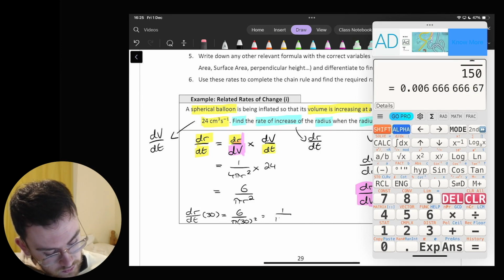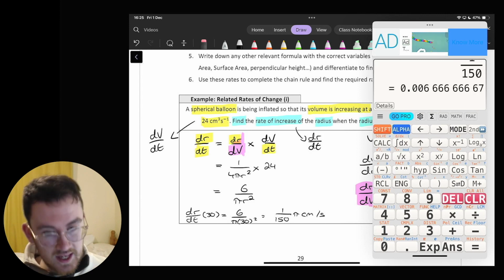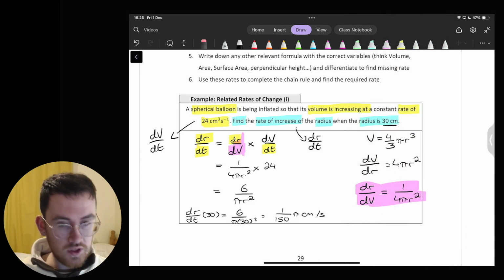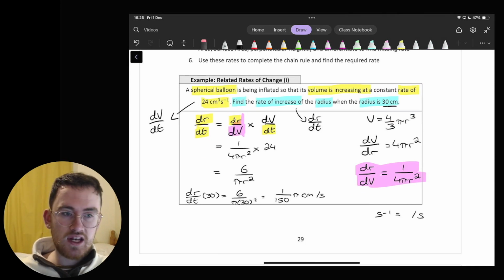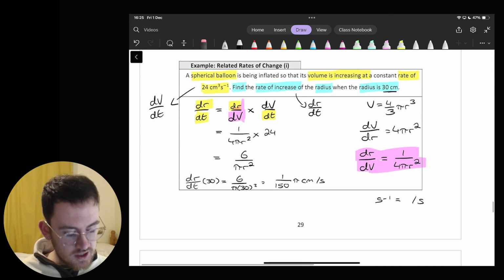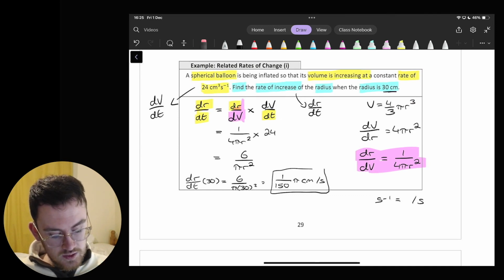So 1 over 150 pi centimeters per second. Okay, s to the minus 1 is the same as per second, relating your indices rules there. So that's the general idea that we're following for all of these questions.